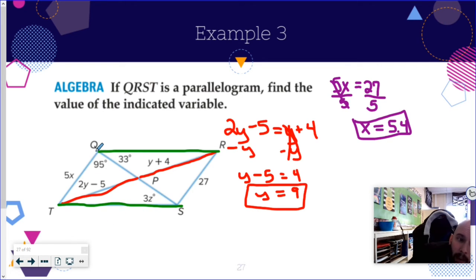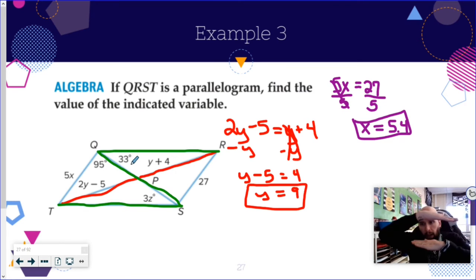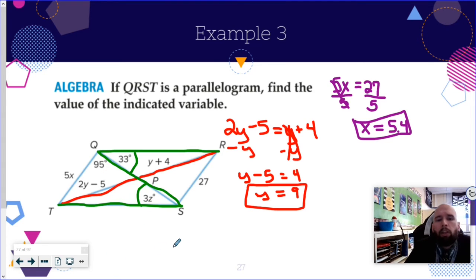What you have is a transversal in QS coming into contact with that. So if QR and TS are parallel lines and the diagonal here is the transversal, then these guys are going to be considered alternate interior angles. And alternate interior angles are equal to each other.